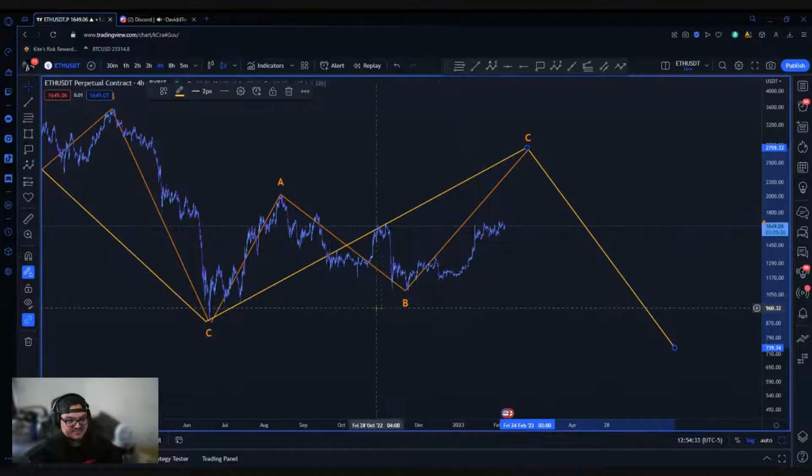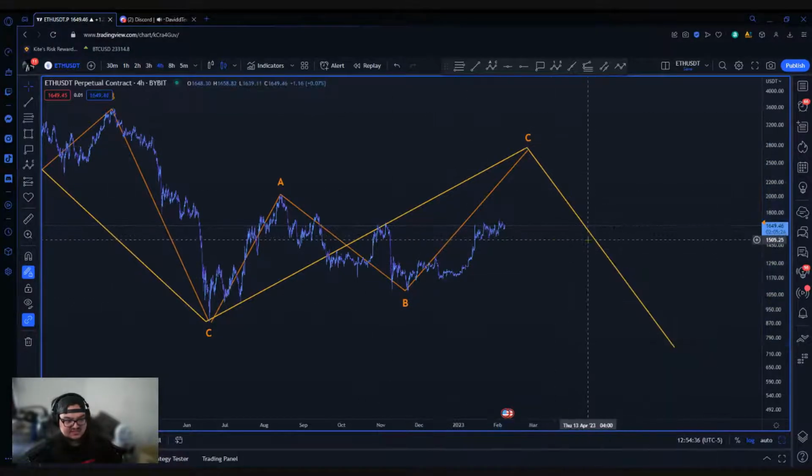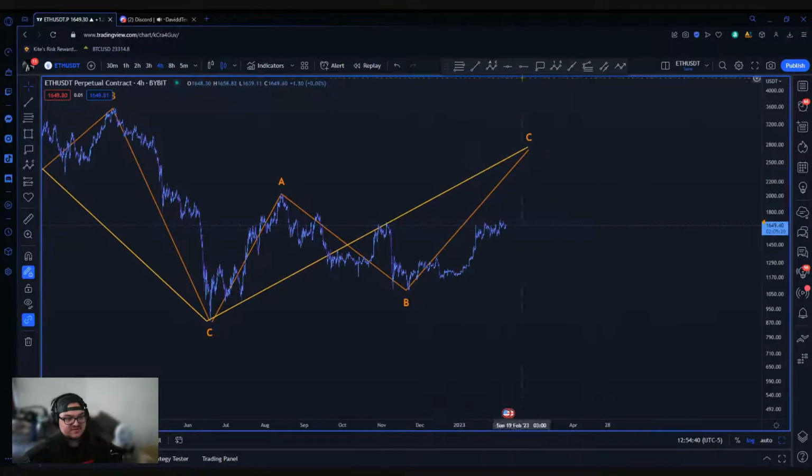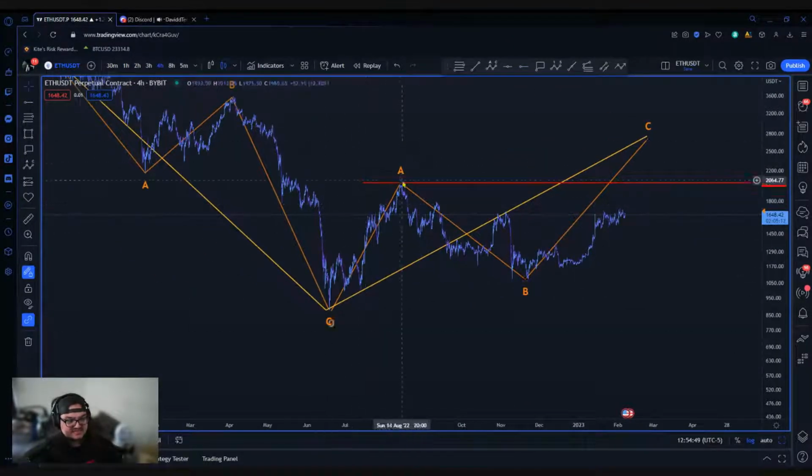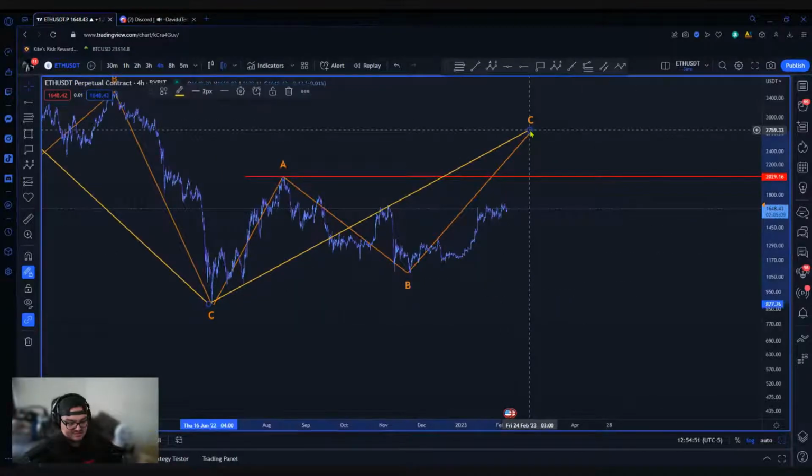There are different areas where I'm looking to take positions, just in case this is the option. At the moment, this could be a variation of what could be happening instead of just bottoming out. You always got to keep those situations in mind. So if that is the case, I need price to get back above 2030.